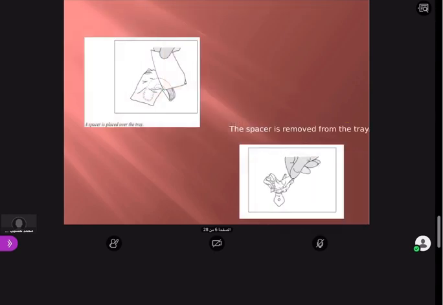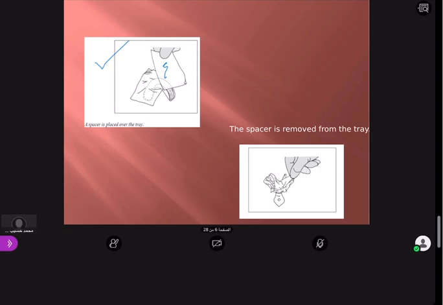After loading the tray with the material, as you see in this picture, we put this spacer. This is a thin plastic spacer which we put on the surface of the loaded tray. What is the benefit of this spacer?